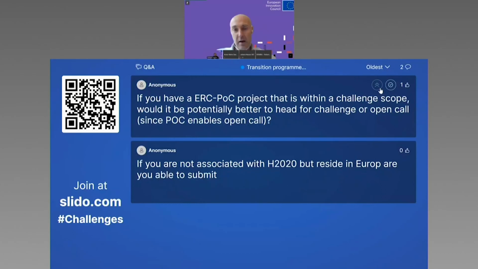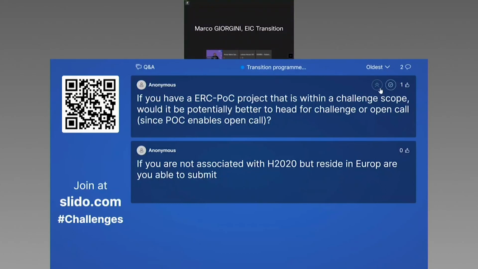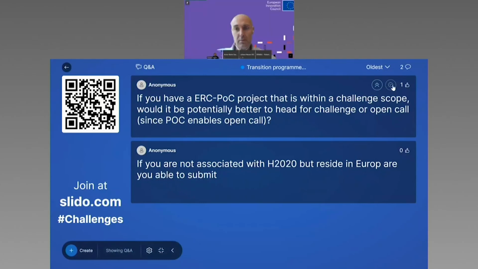Yeah, I can say that the success rate of a challenge is normally identical or higher than an open, or lower.